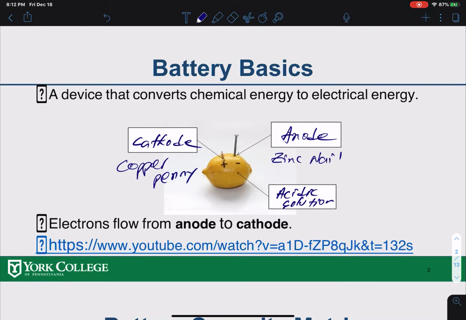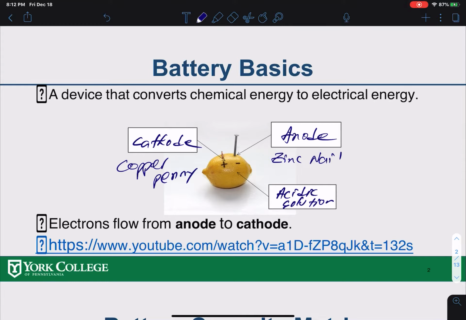So what's happening over here? The reaction of copper, zinc, and acidic solution produces extra electrons. That extra electron normally goes from zinc to the copper.